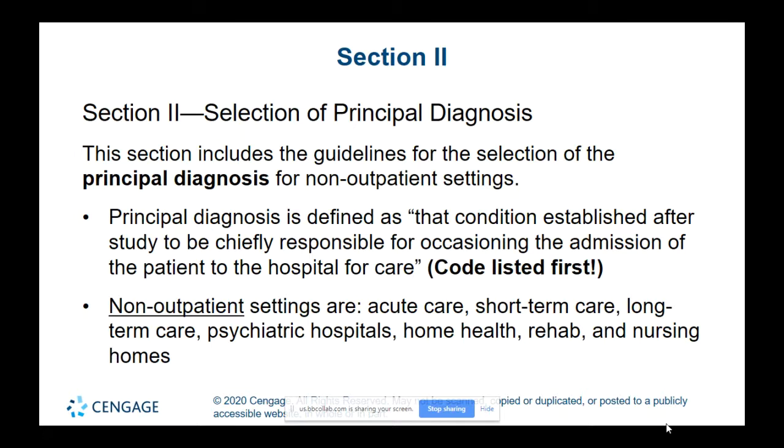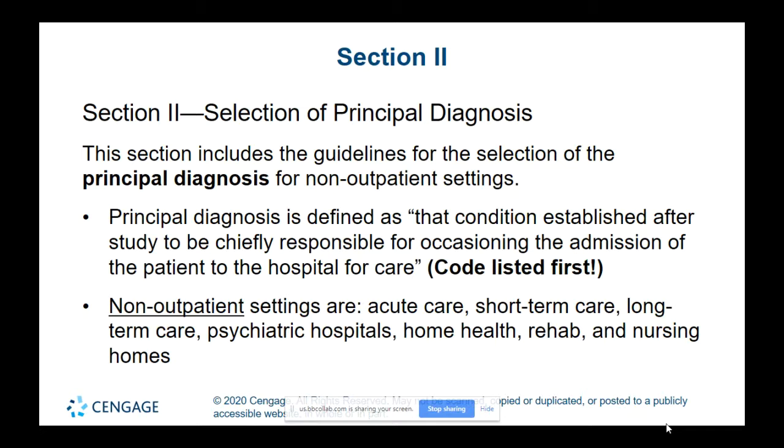Section 2 is talking about the selection of principal diagnosis. This is for non-outpatient settings. As defined in the guidelines, non-outpatient settings include acute care, short-term care, long-term care, psychiatric hospitals, home health, rehab, and nursing homes.